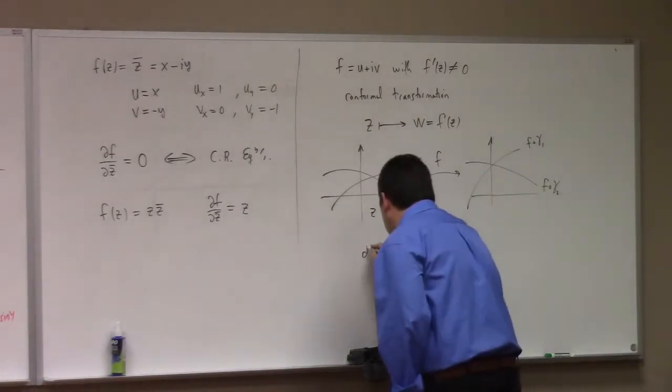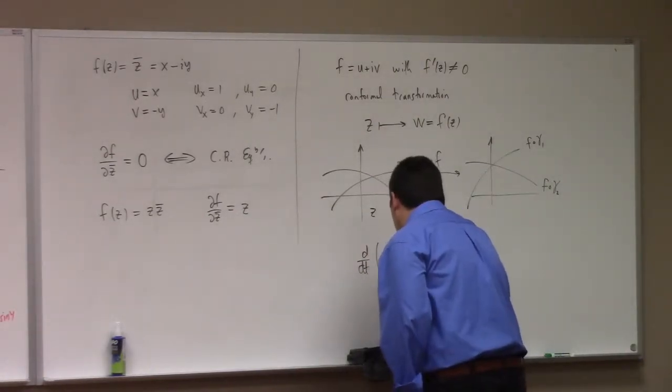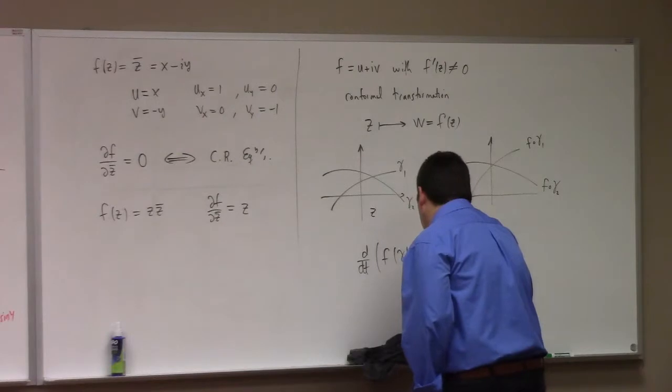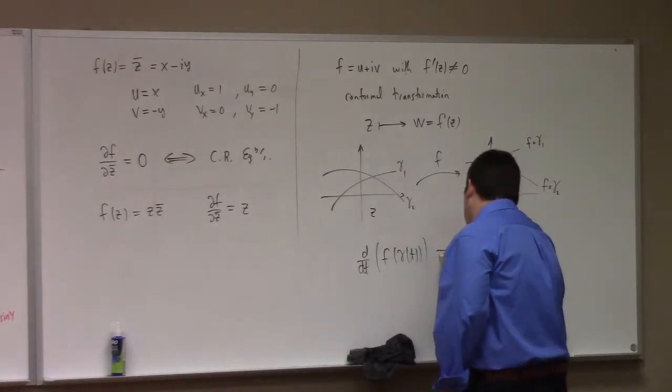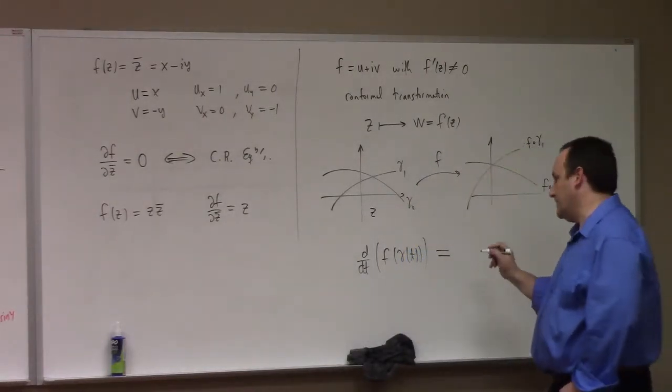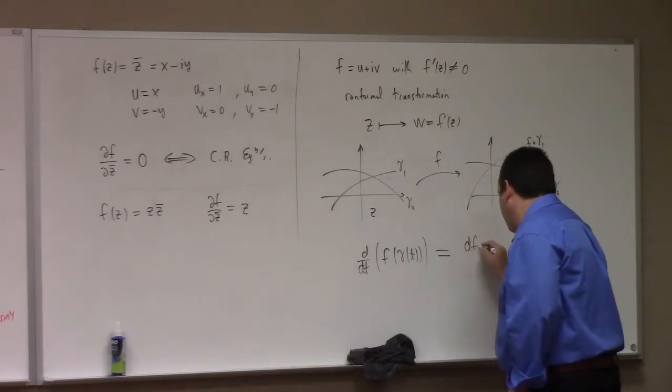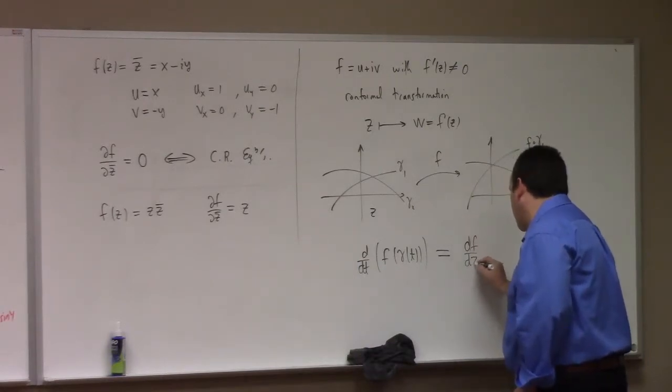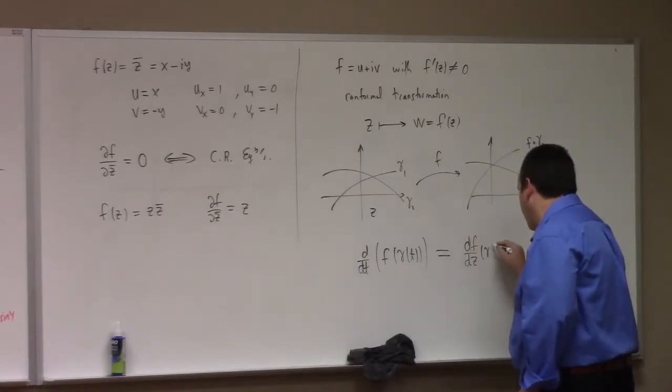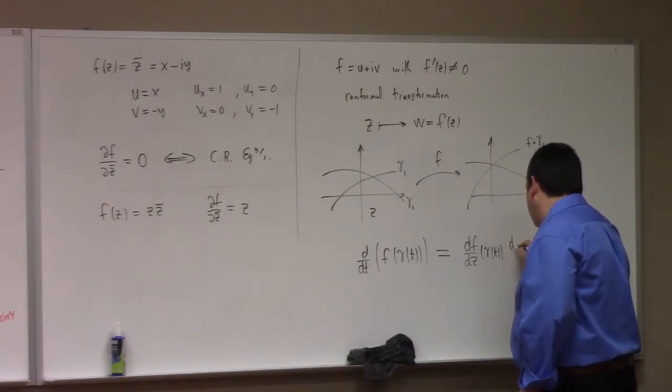There's a chain rule: d/dt of f of gamma of t. You know what it is? It is equal to df/dz of gamma of t times d gamma/dt.